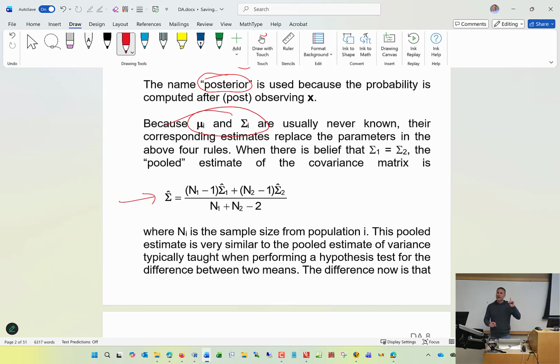Compare this expression to what you had when you were doing that hypothesis test of mu1 minus mu2 is equal to 0. It's just a multivariate version of it. That's it. So sigma hat 1 is the estimated covariance matrix, just like how we calculate normally, for population 1, sigma hat 2 for population 2, n1 is the sample size from population 1, and n2 is the sample size from population 2.